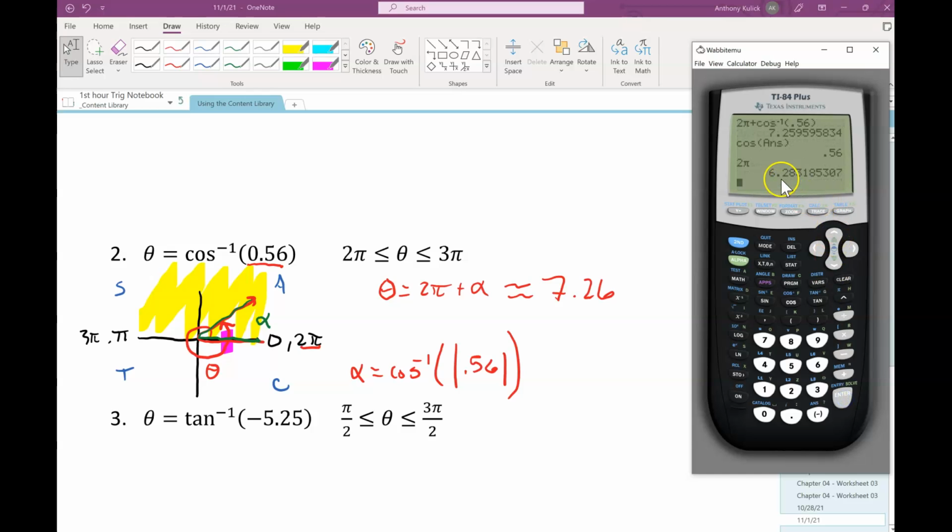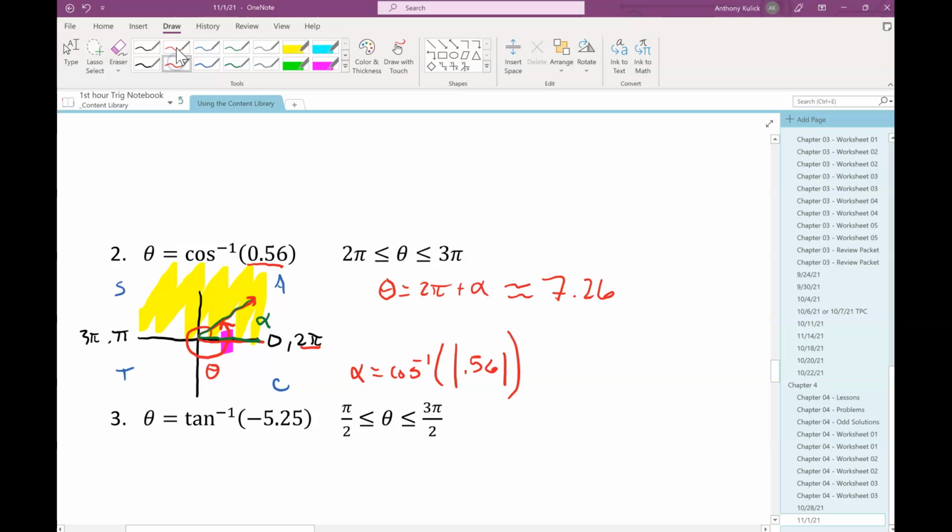So it's definitely bigger than 2 pi and smaller than 3 pi, so I'm satisfied that this answer is correct. Does that work for you, Victoria? Of course.